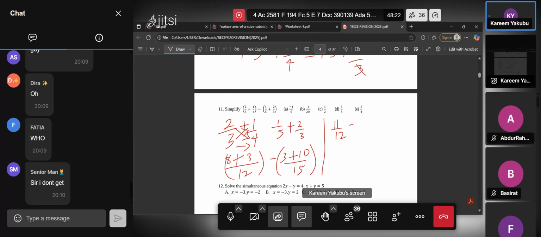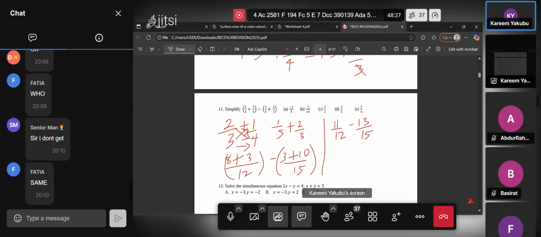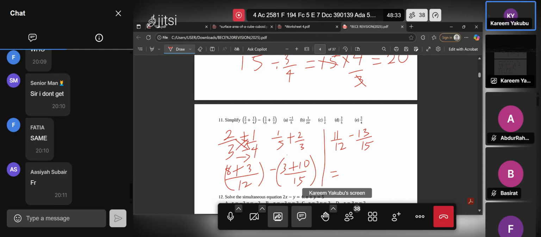minus 13 over 15. So from here you can find the LCM of 12 and 15. Let's do it here. 15 and 12. So 3 can divide, that is 4. 3 can divide, that is 5. Then let's use 4. That's 1, 5, 5, 1. So this is going to give us 20. 20 times 3, that gives 60.